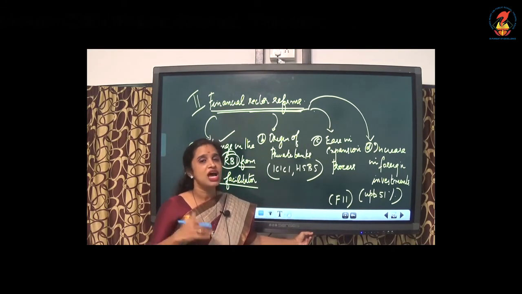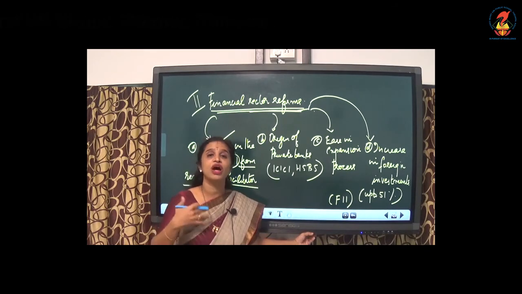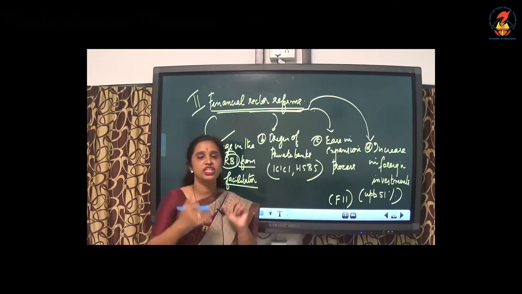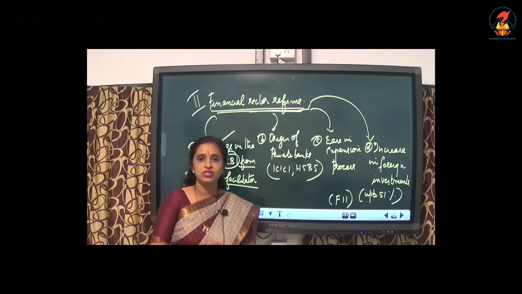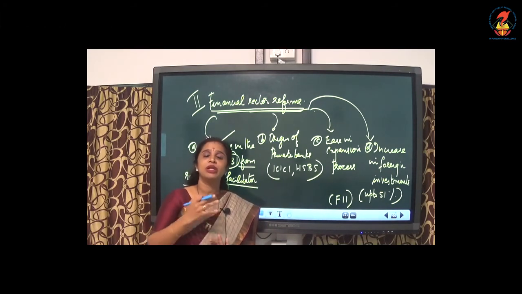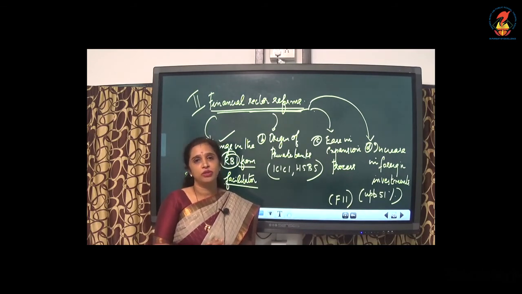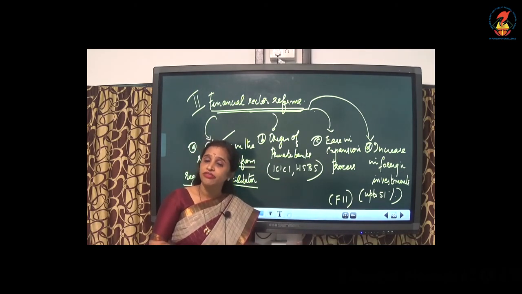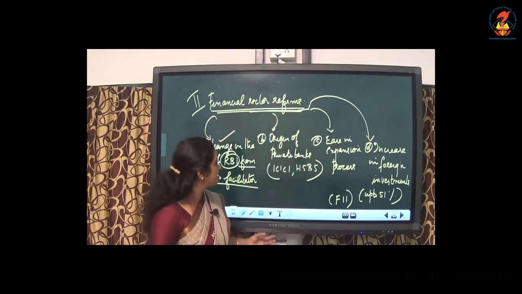That means RBI has given freedom for other banks to function in their own way based on certain policies and norms. So RBI will not be controlling them to a great extent. RBI will be just a facilitator for other banks to function in the economy. That was the first financial sector reform made by the government.